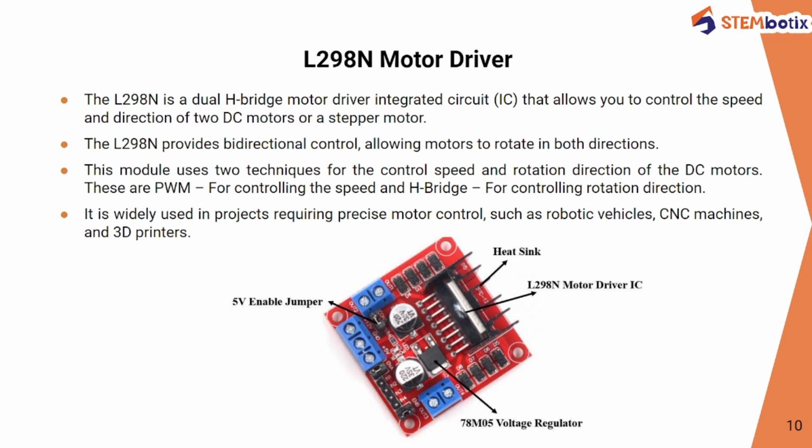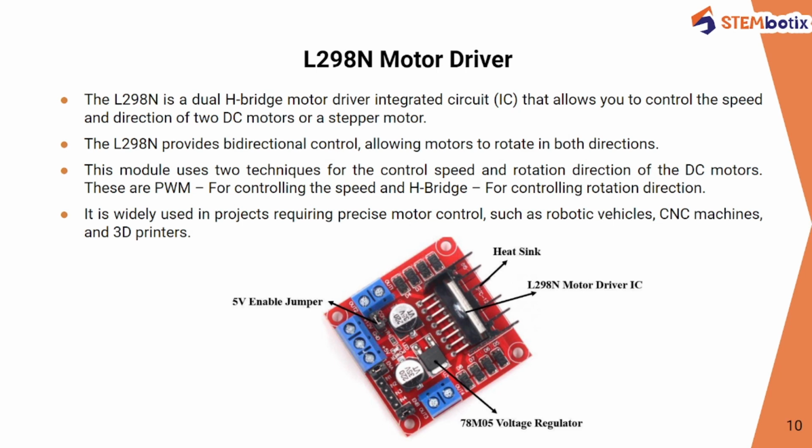The L298N provides bidirectional control, allowing motors to rotate in both directions. This module uses two techniques to control the speed and rotation direction of DC motors. These are PWM for controlling the speed and H-bridge for controlling the rotation direction.